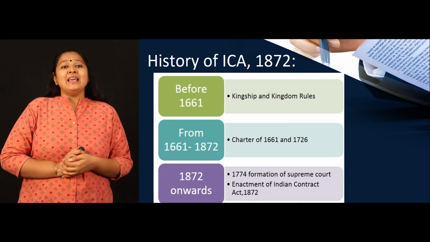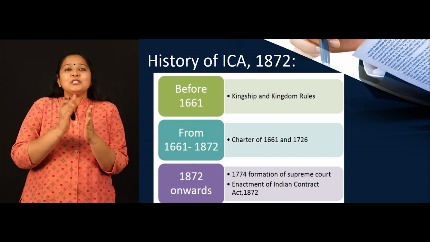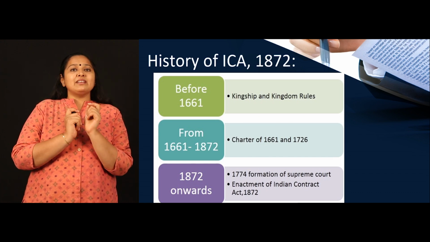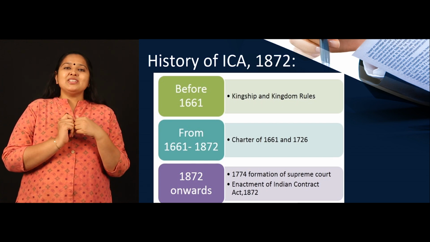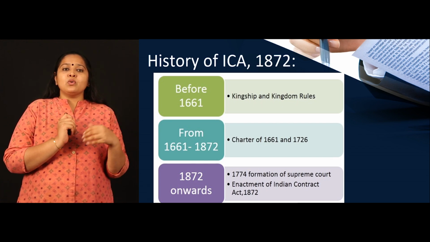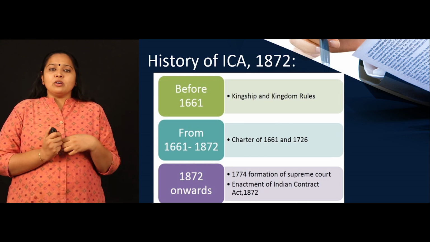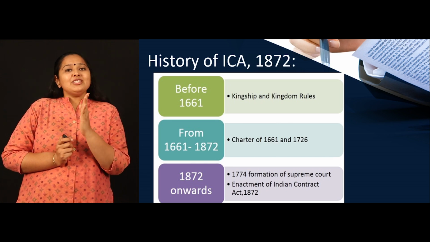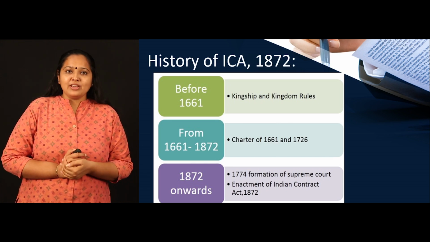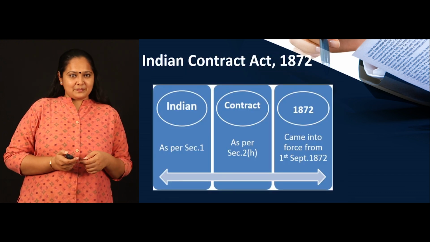The third phase, 1872 onwards, is the phase from when this particular act developed. From 1774 the East India Company had converted the Mayor's Court into the Supreme Court. Then we had the involvement of this particular act, that is the Indian Contract Act. Hence 1872 onwards is the important phase which we shall be looking into while learning this act.